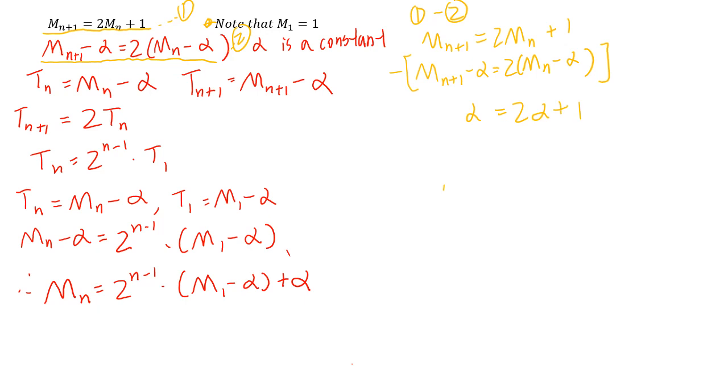Hence, alpha equals -1. Substitute this into the equation we determined previously. We can get Mn equals 2 to the power of n minus 1. Therefore, the minimum number of moves required to complete a Tower of Hanoi with n disks is 2 to the power of the number of disks, subtracted by 1.